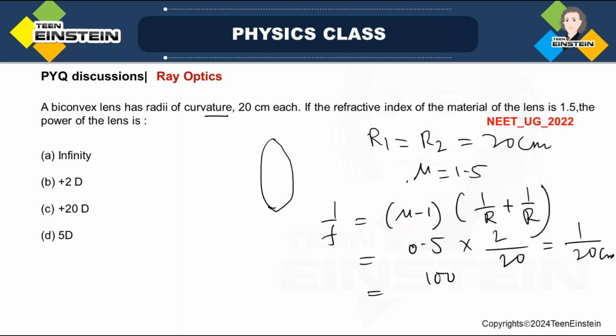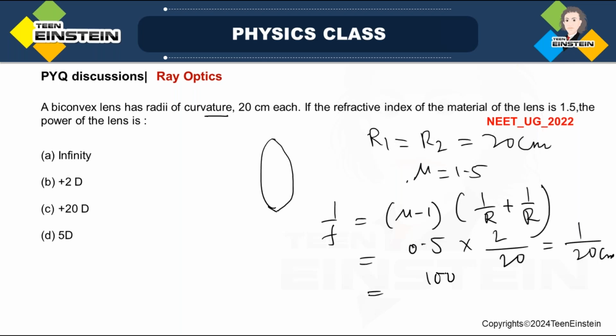Now this question is also a very simple question. Find the value of the angle of emergence from the prism given below for the incident ray shown. The refractive index of the glass is root 3.